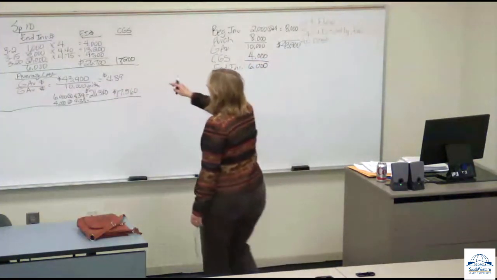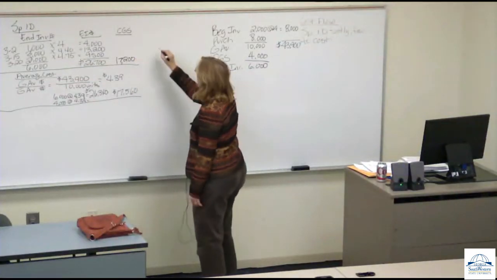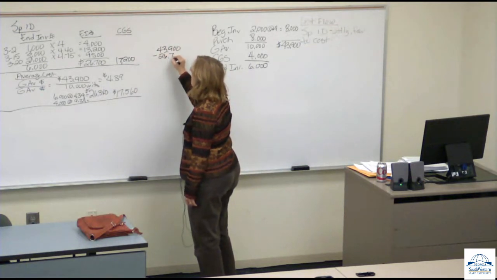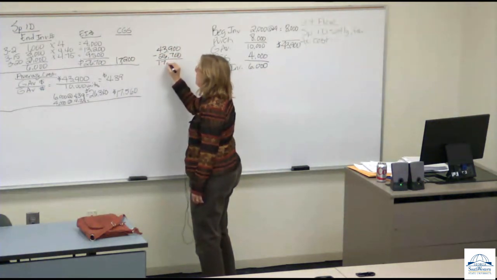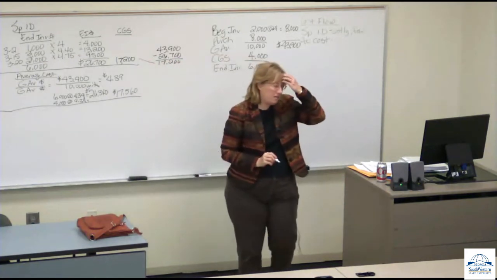Okay, this one? Yeah. Okay, so do you know now? Yeah, I know. So we did 43.9 minus 26.7 equals 17.2, right? Okay, so that's that. What else are we missing?